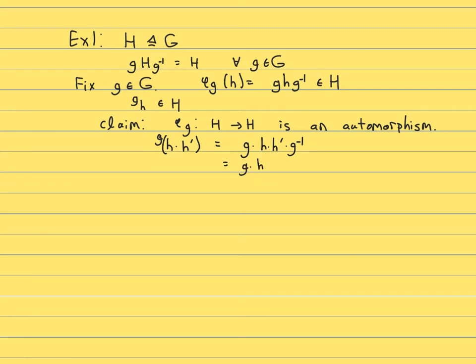But if you secretly multiply by G inverse G in the middle, you will see that you get the product of the conjugates. Why would you do such a thing? Well, because we're trying to prove it's a homomorphism. So we do see that we do have a homomorphism here.